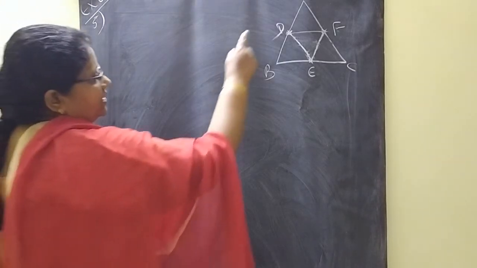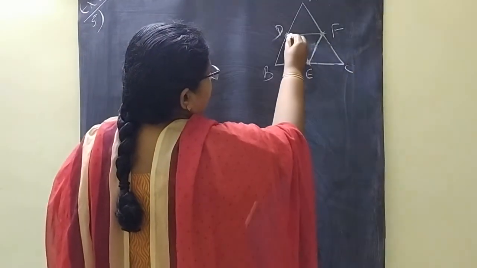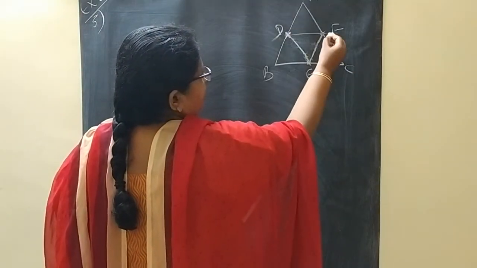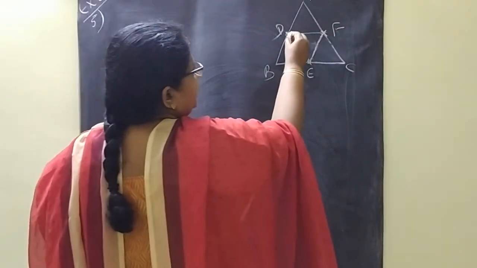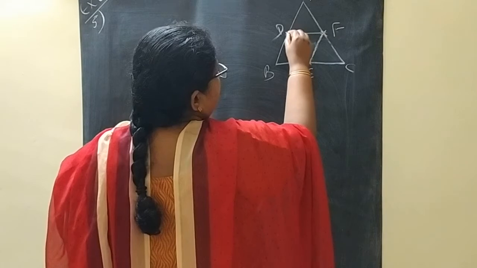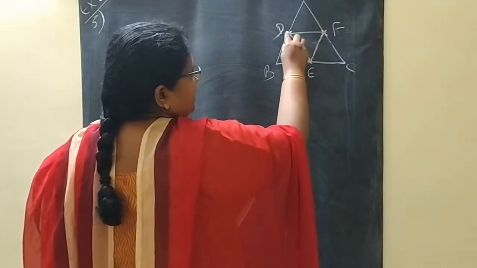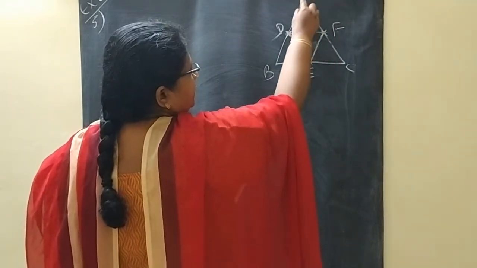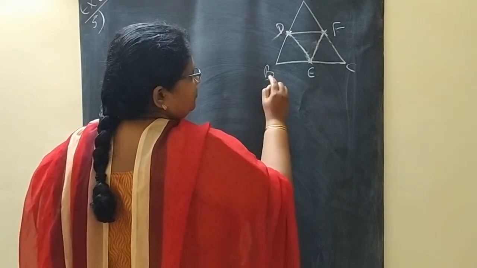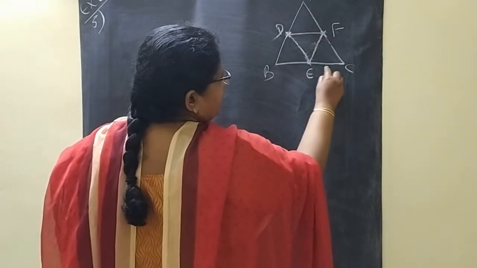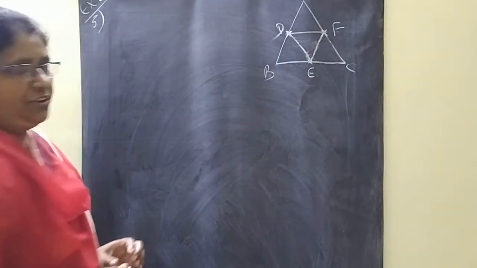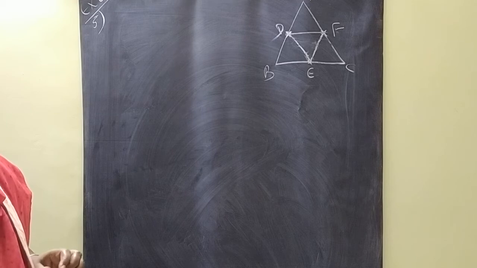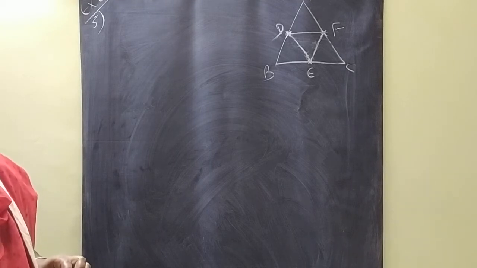If we consider this figure, D is the midpoint of one side, F is the midpoint of another side. The line segment joining the midpoints of any two sides of a triangle is parallel to the third side and is half of it. That theorem is called the midpoint theorem.